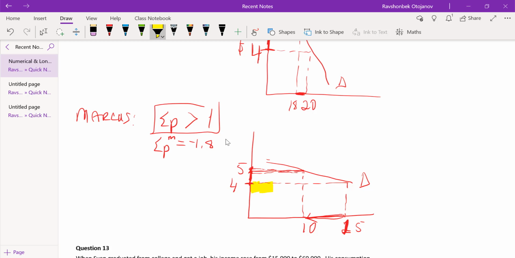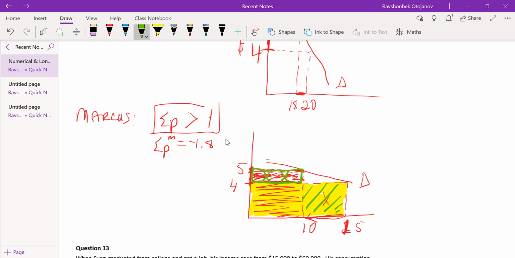So this is the original area under the curve, which gives us the total expenditure. After the price changes, we get this area as the total expenditure. So what we lost is this whole area, a big loss in this case. This is the reduction in expenditure, and this is the increase in expenditure. The additional expenditure is this area, but it is small compared to the decrease in expenditure.